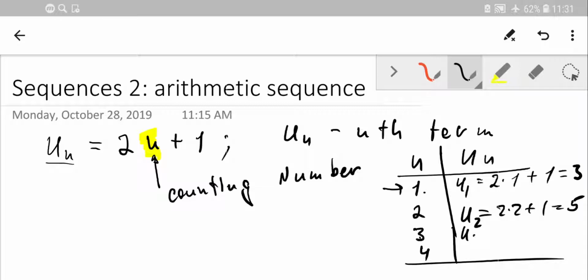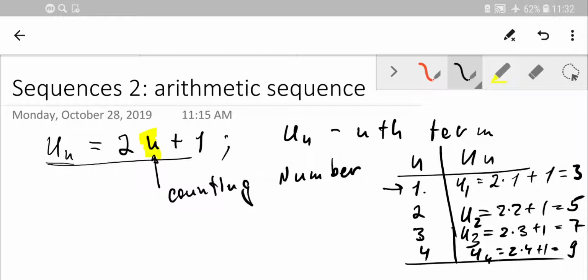For u3, in the same manner, 2 times 3 plus 1, so we get 7. And the last, u4, is 2 times 4 plus 1, and that's how we get 9. Alright, we generated the sequence set up with the formula 2n plus 1.